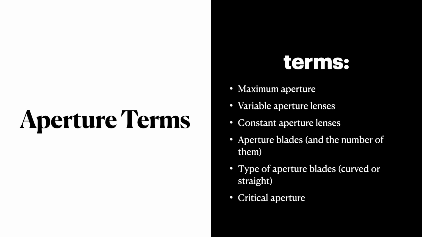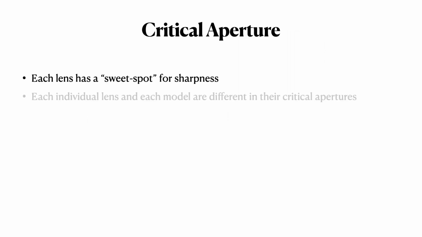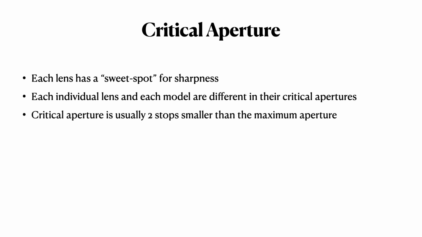And then our next term, which we will be going into, is critical aperture. So critical aperture is important. Why? Critical aperture is the sweet spot for sharpness in each lens.